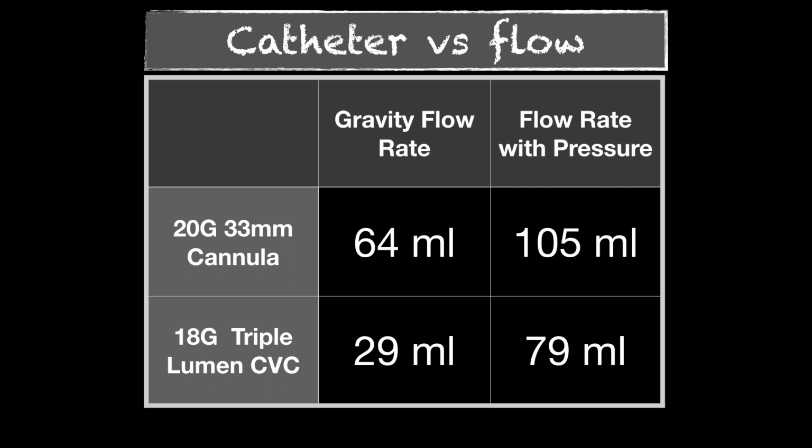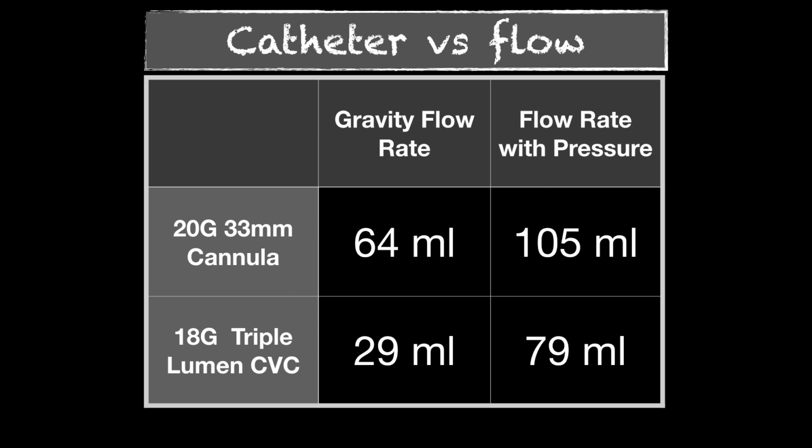We can be using peripheral vessels for this, and we can even see here that a normal 20 gauge, about 1 1/4 inch catheter, or 33 millimeters, is going to give us a higher flow rate than if we put in a triple lumen central venous catheter that's typically 20 centimeters. And we can even see with gravity flow that the rate's twice that of the triple lumen, and even if we put a pressure bag on it, it still beats it out in how quickly per minute we can put in fluids.